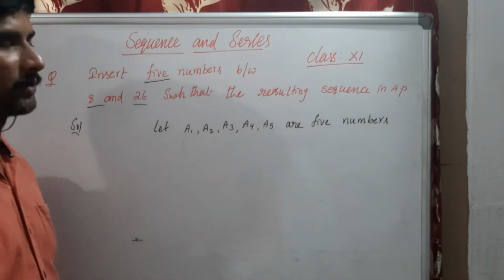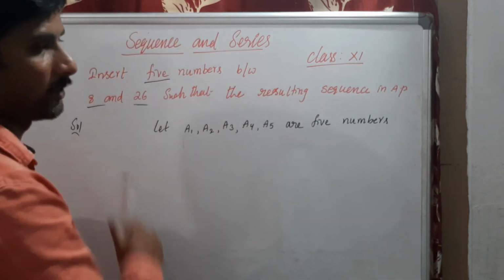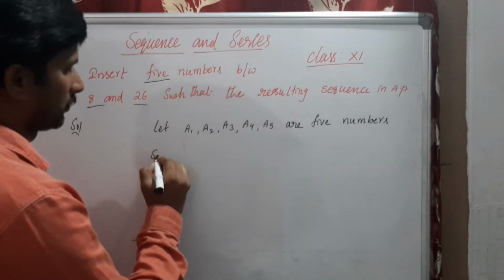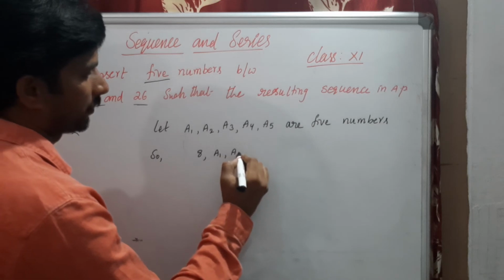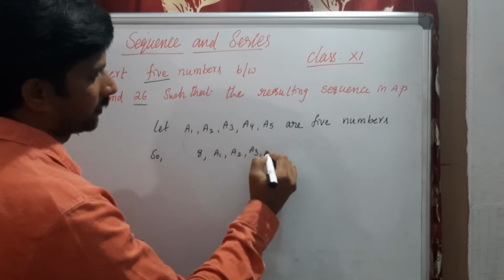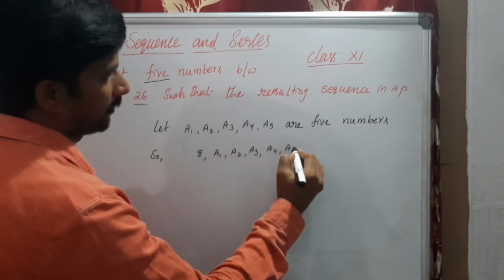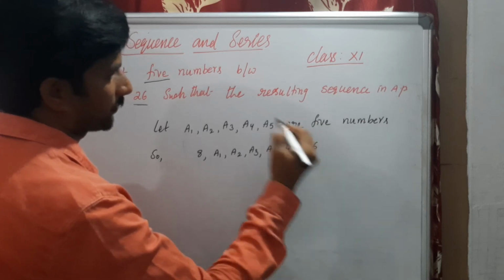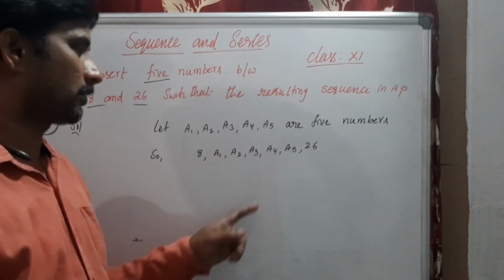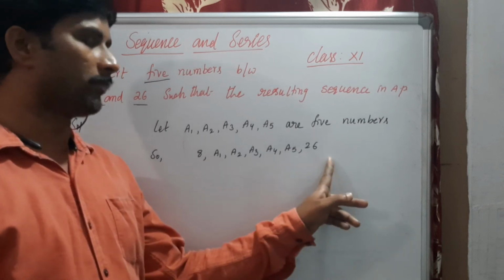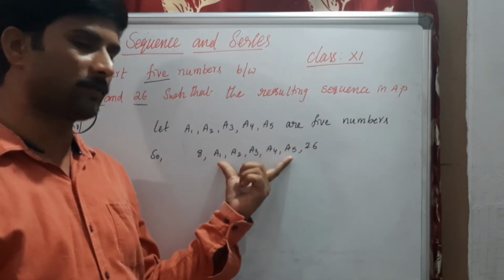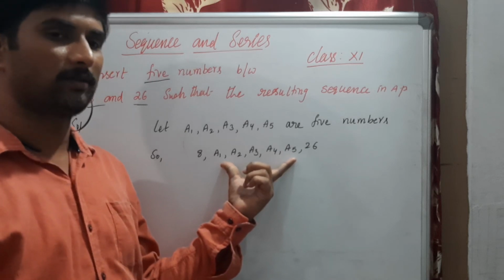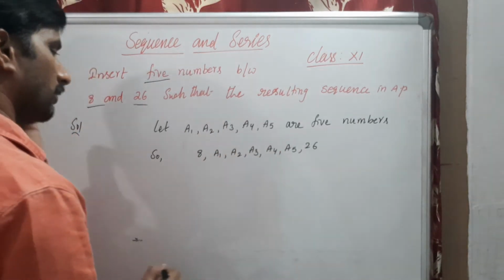Now these 5 numbers I am going to insert between 8 and 26. So 8, A1, A2, A3, A4, A5, 26. Now here we have totally 7 numbers. Between 8 and 26 we inserted 5 arithmetic means, nothing but 5 terms.